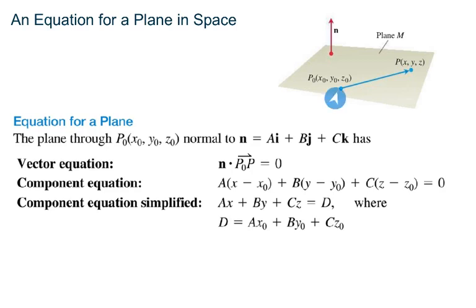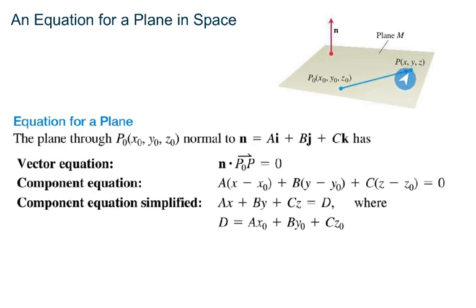A vector from P0 to any point P, which could be anywhere on this plane, creating a vector on the plane, is going to be orthogonal to N. Then M, this plane, is the set of all of those points that exist as endpoints of this vector.